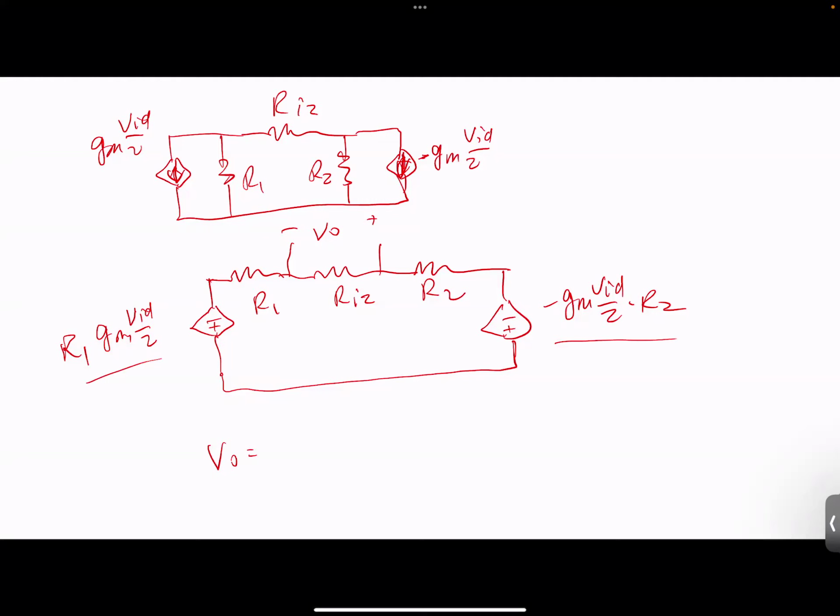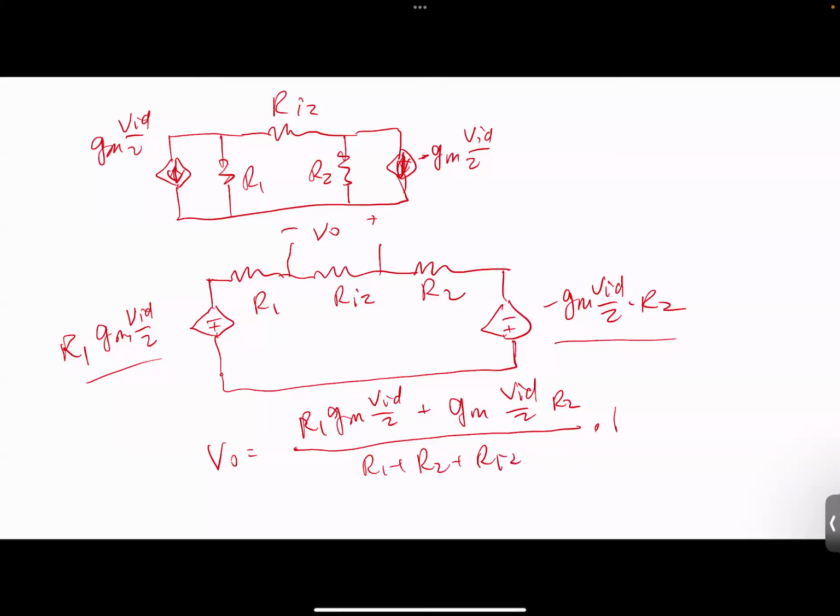So it's going to be R1 GM VID over 2 plus GM VID over 2 R2. That's the voltage, divided by R1 plus R2 plus RI2, and then multiplied by RI2. So we got this voltage.